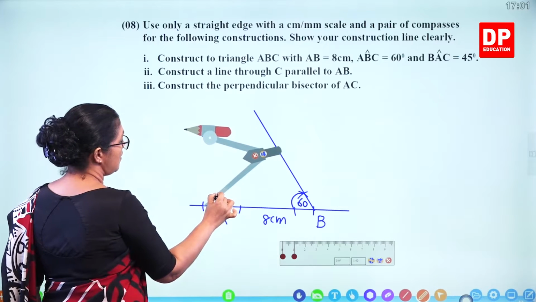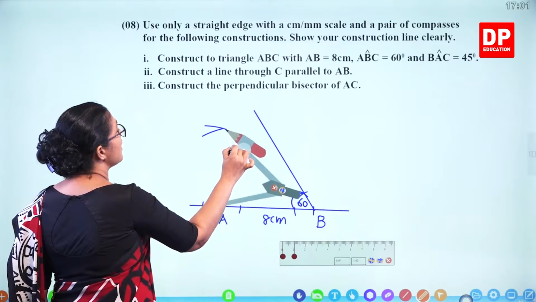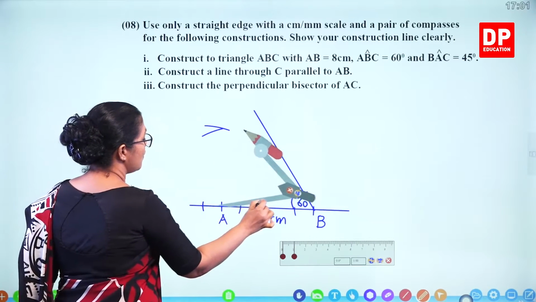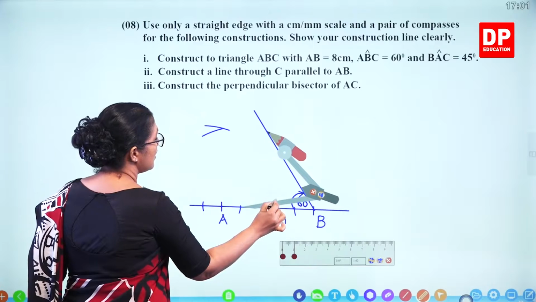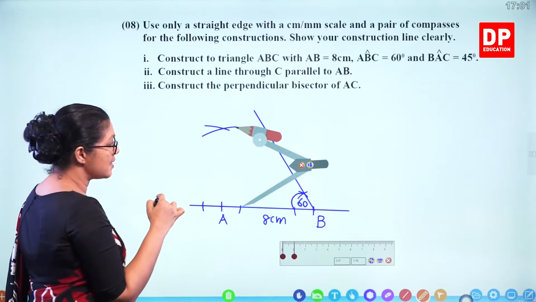And here again from this point you can draw the other arc. So if you cannot see this point clearly, again you can draw this. So this is the intersecting point.